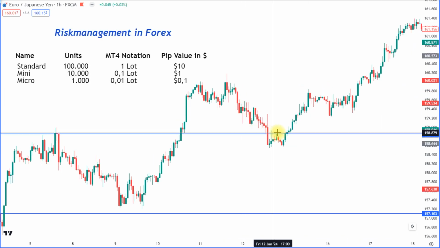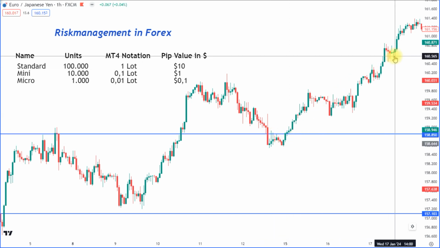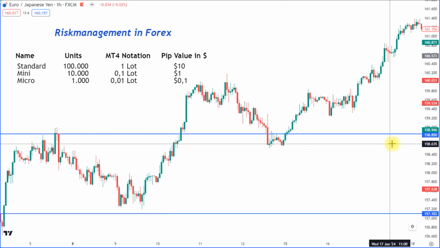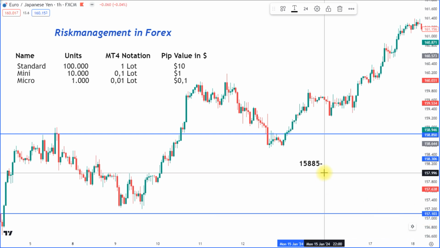So here let's say we enter the market after the pullback is ending, into the trending direction long, and place our stop loss here below the last low. And then we see we have a risk of 15885 minus 15710, which equals a pip size of 175 pips.